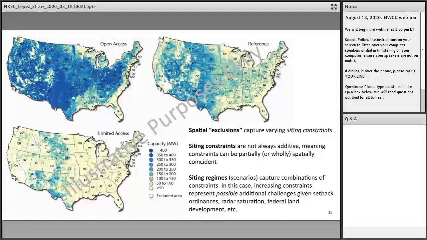So what you're effectively seeing is that the only places left in the United States, if we were to see a high setback scenario available to wind deployment, would be these really low population density locations. So definitely more of an exploratory illustrative scenario meant to demonstrate this point. But great question and good observation.